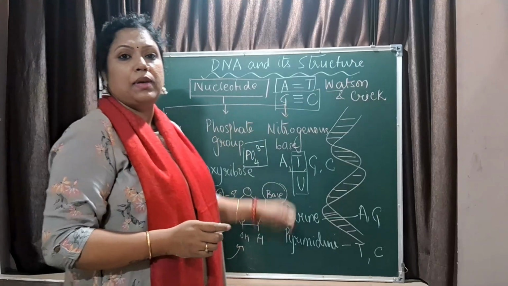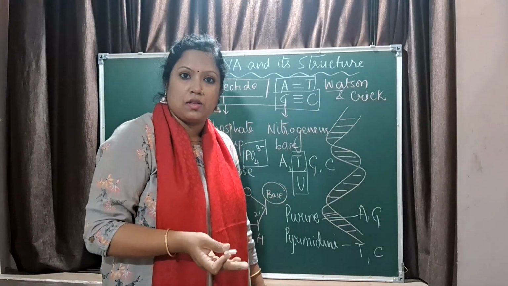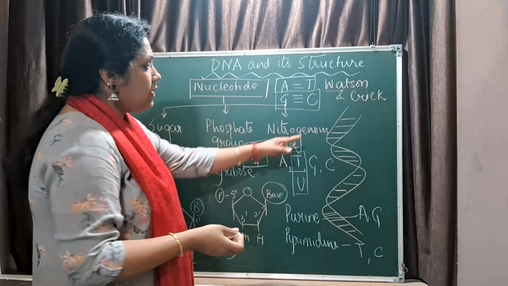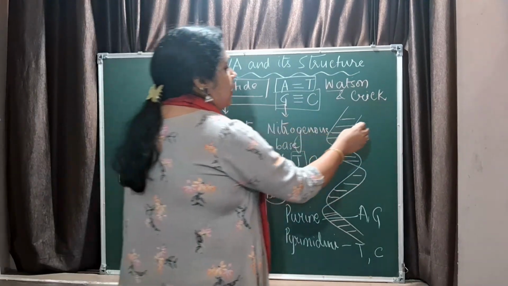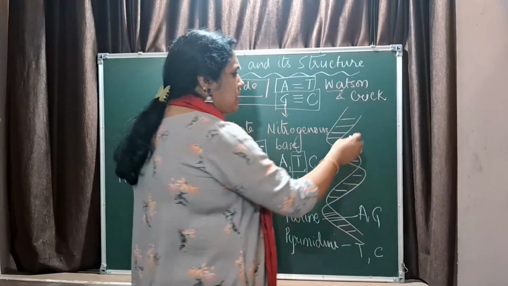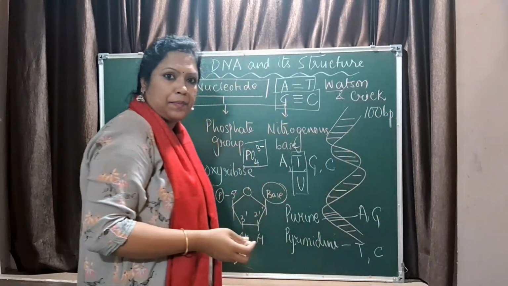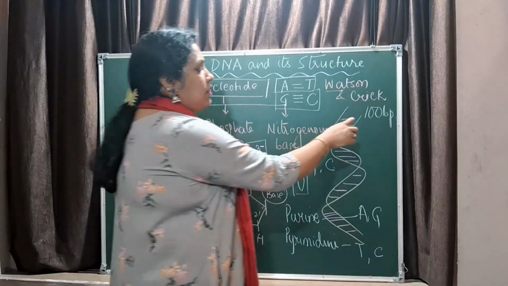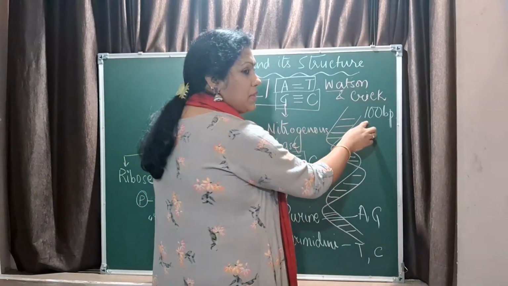Now this can be a platform or concept for building a question. Like if in a DNA double helical structure there are a total number of base pairs, suppose there are 100 base pairs present in a double stranded DNA.